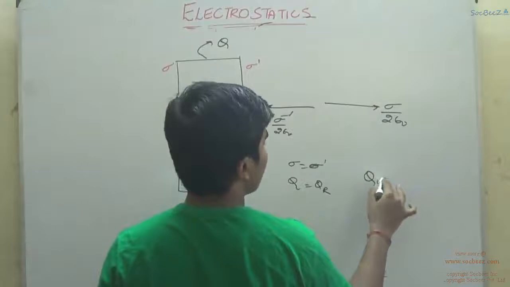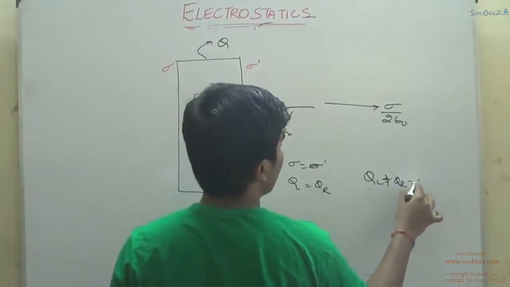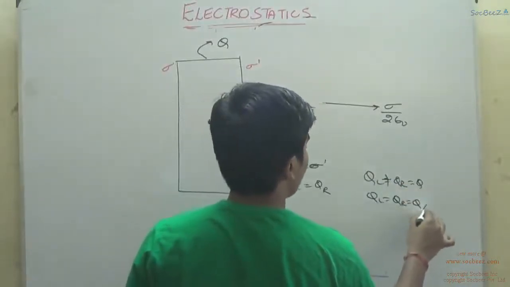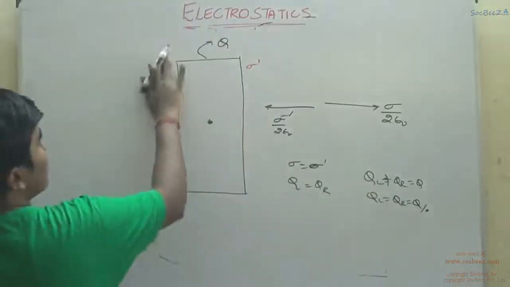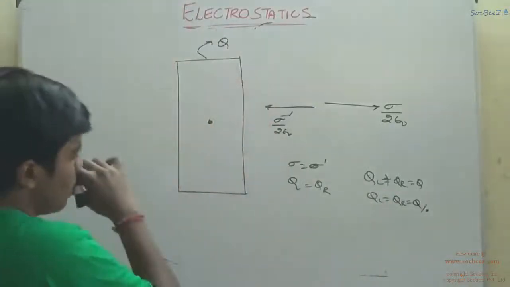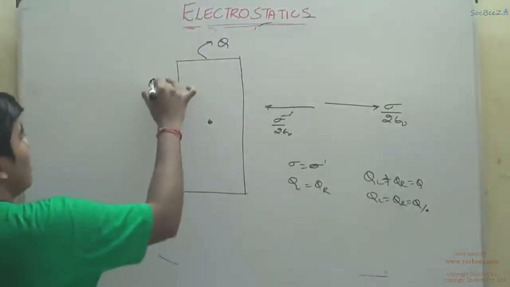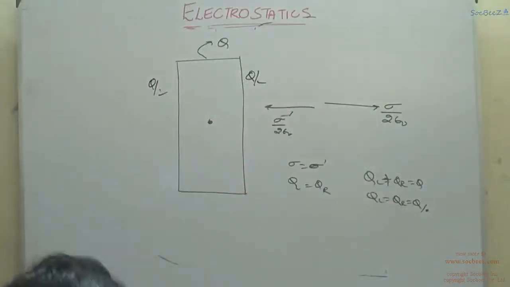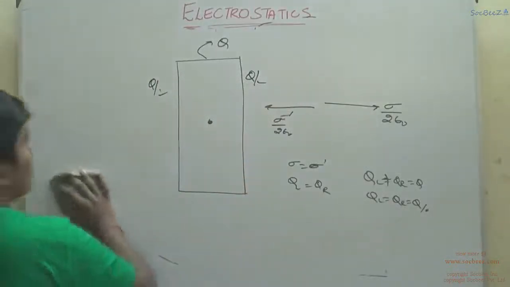Also Q left plus Q right is equal to Q. So Q left is equal to Q right is equal to Q by 2. So if given charge Q, it will distribute in such a way that they come here and here, and thus the electric field inside becomes 0.